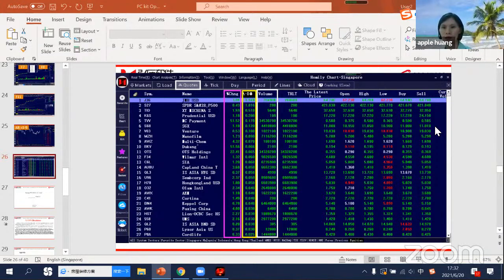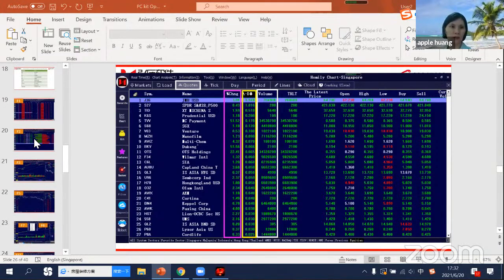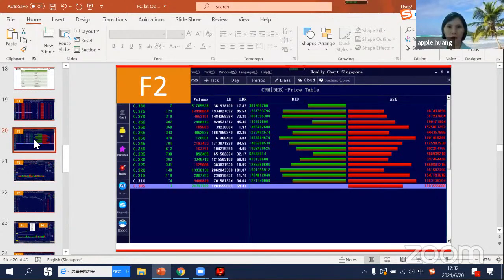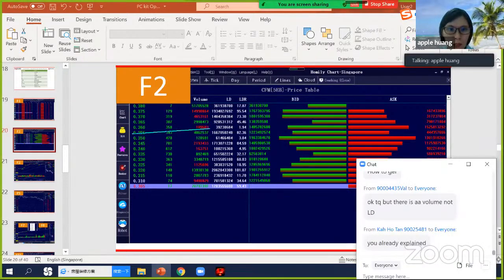There is an AA volume, not LD. So, I already explained, this is the total transacted volume, and then this is the bid volume.